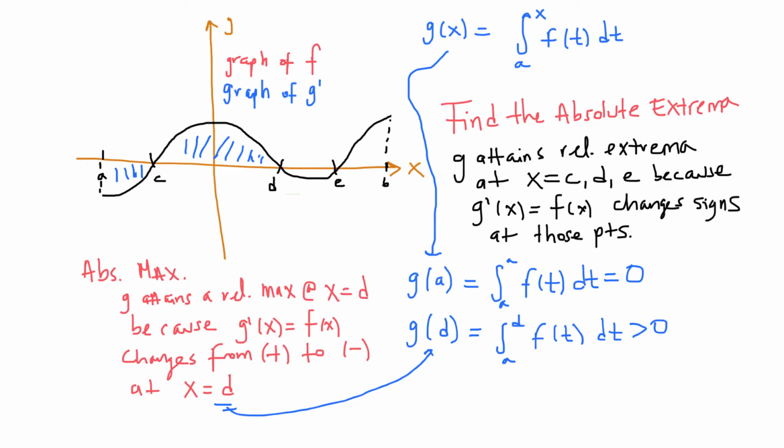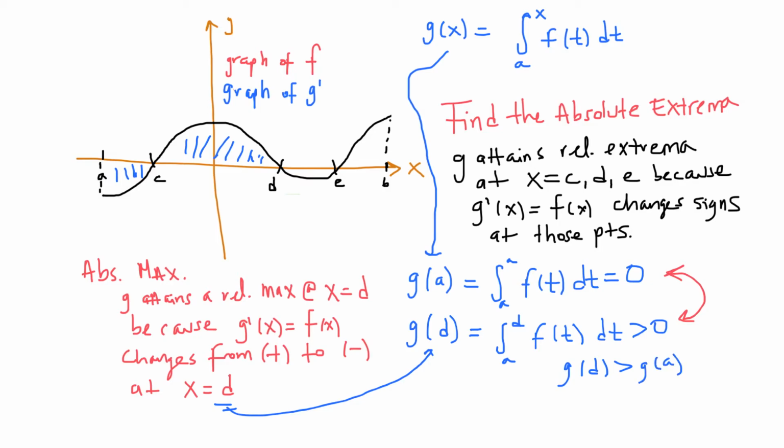Okay? And that makes g of d greater than g of a. So can you see that if you compare these two? Because g of a was exactly 0. There was no area for g of a. But g of d accumulated some positive area. So then I can make a statement here that g of d is greater than g of a.